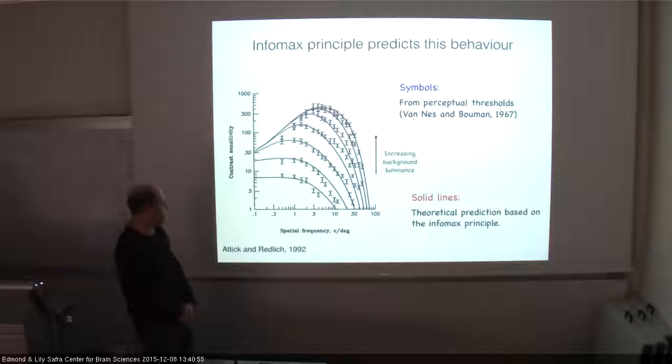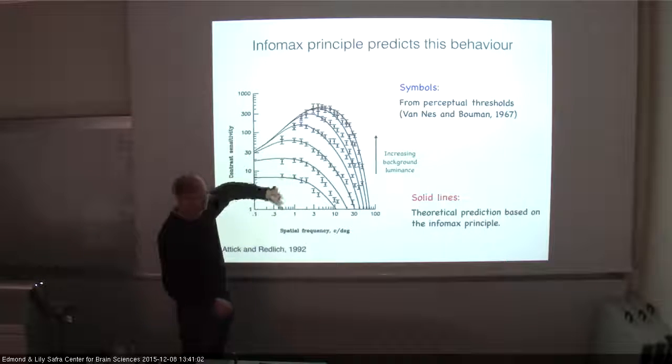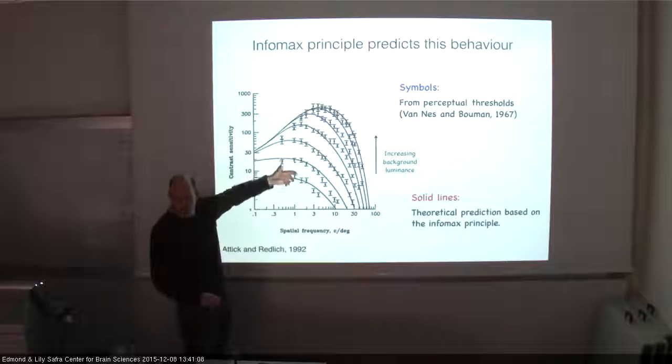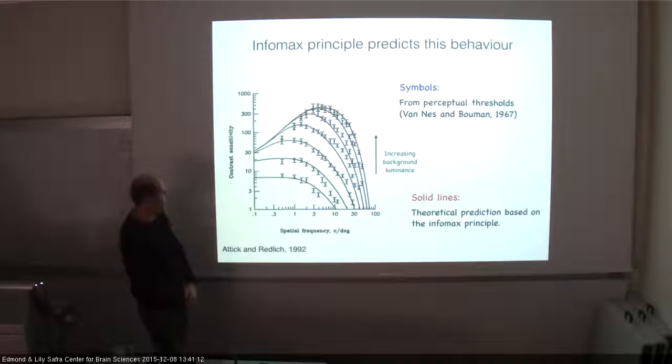I will not explain too much what you see here, but these plots are essentially the same as the ones you've seen before, just inverted in the vertical direction. I took this from their paper, so they plotted it a little differently.